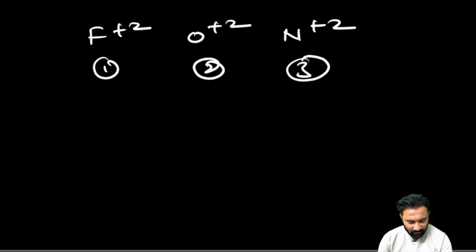What is the answer for it among the 1, 2, 3? 2 greater than 3 greater than 1.